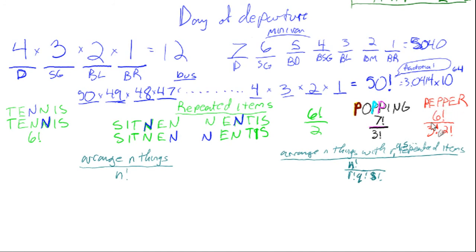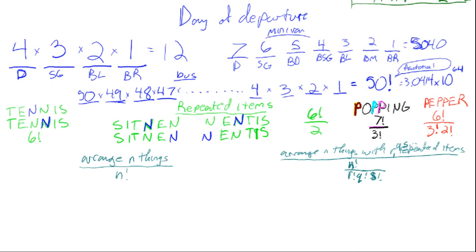In the example pepper, we had 3 repeated P's and 2 repeated E's, and we would keep going if we had any other repeated items. All right. So the last thing is, if we now want to go back to having just a set of things, and they're all going to be different in this one.